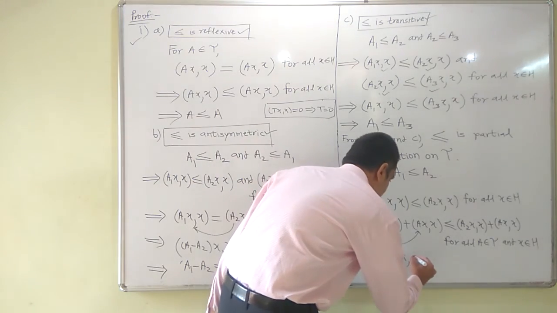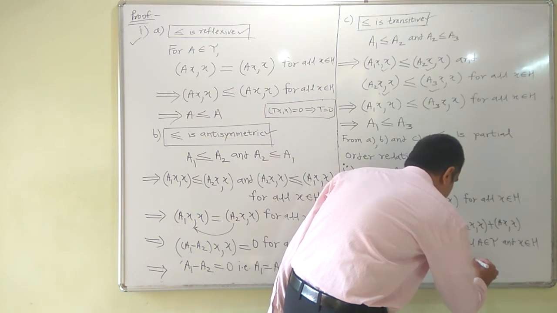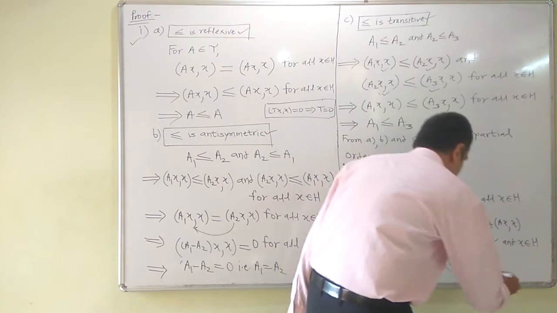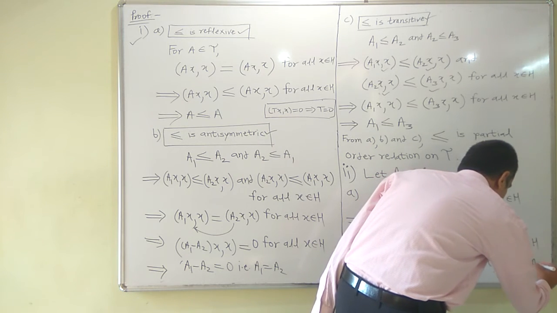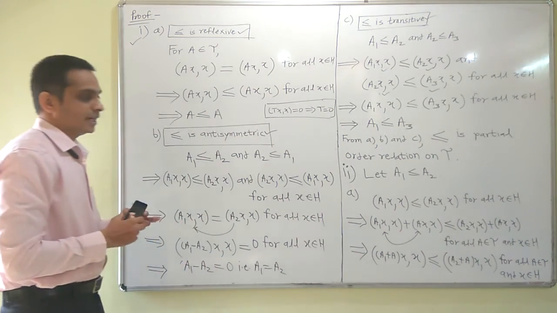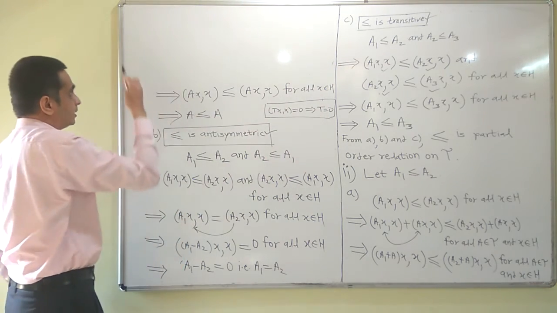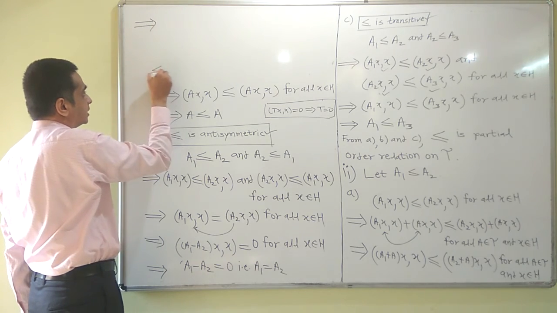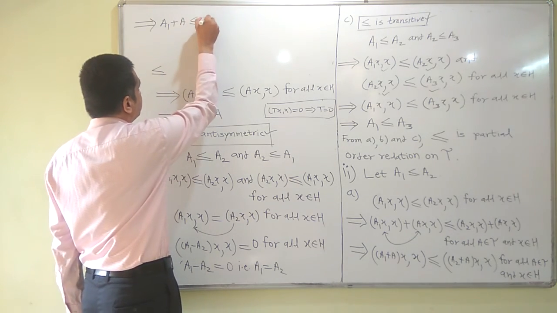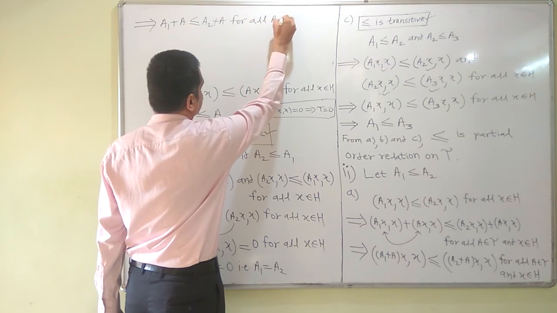The inner product of (A1 plus A)x and x is less equal to the inner product of (A2 plus A)x and x for all A in the collection and x belongs to H. So again by definition of this relation, I could write it as A1 plus A is less equal to A2 plus A for all A in the collection.